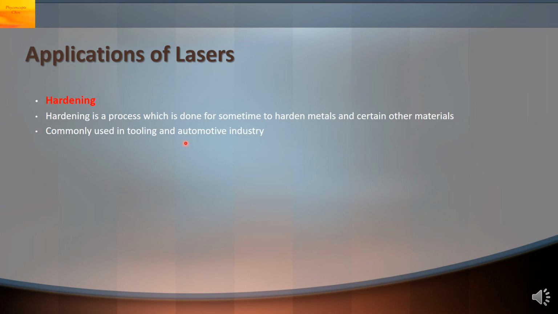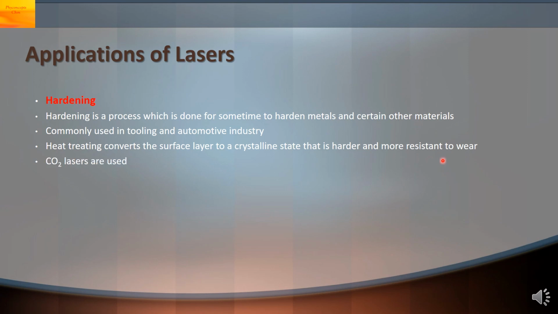It is commonly used in tooling and automotive industries. So the heat treating converts the surface layer to a crystalline state that is harder and more resistant to wear. So that improves the strength and the durability of the surfaces. Carbon dioxide lasers are used.